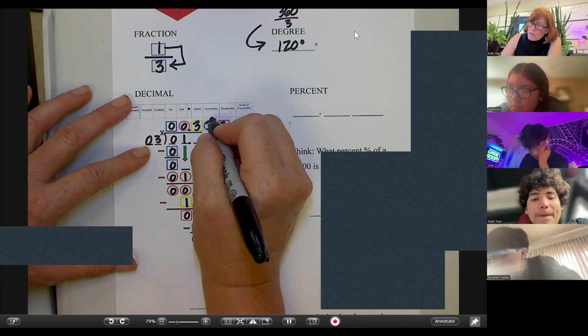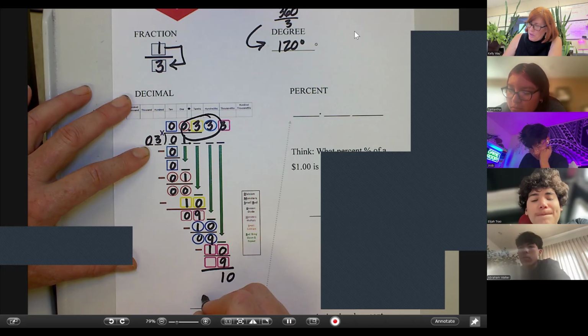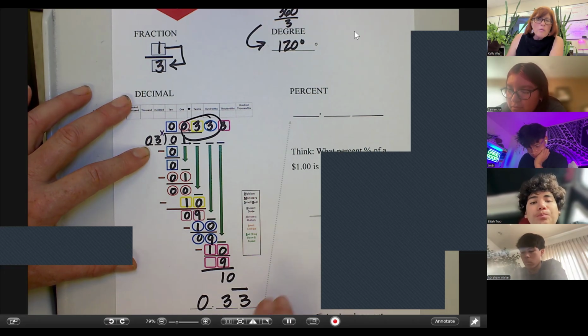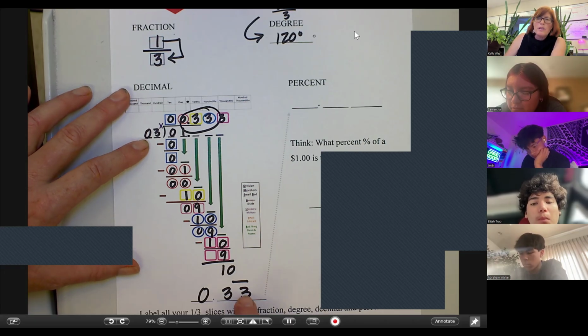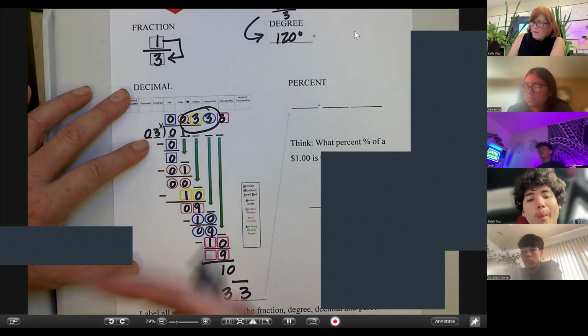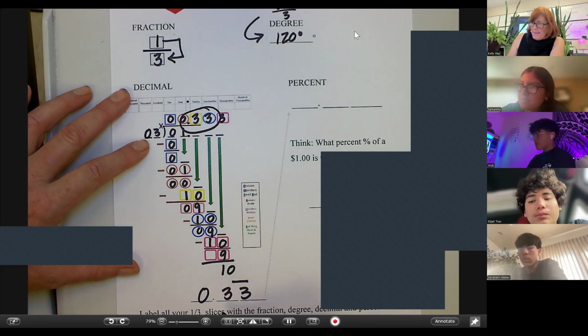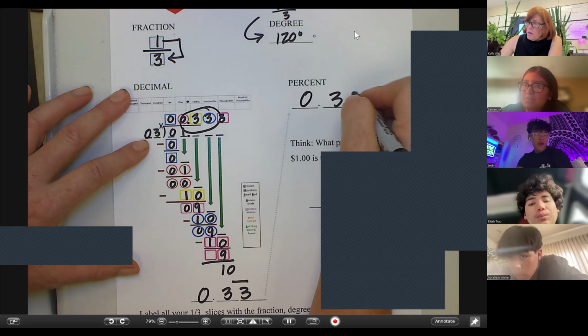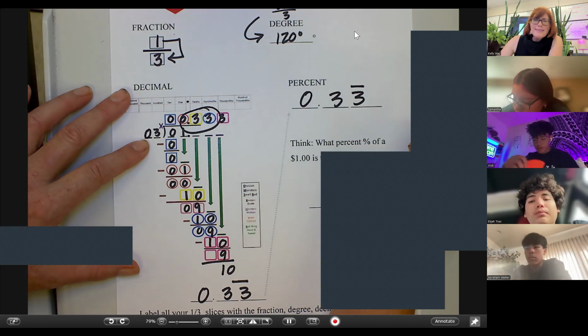So the way we represent this is 0.33 with a little, that's called a repetition sign there at the end. We're repeating that number because it's just going to keep going over and over again. So it'd be 0.33 repeating.